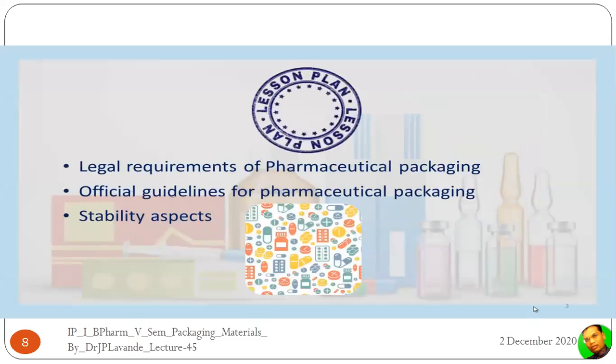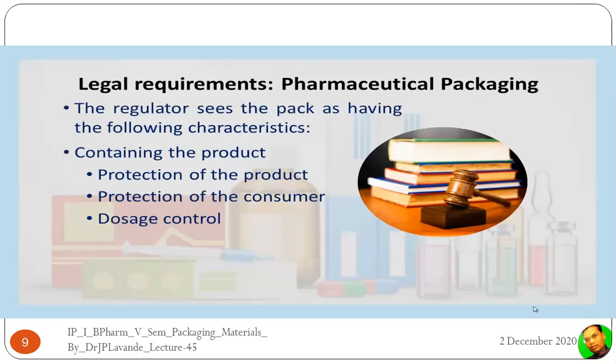In order to understand these, we will look at the legal requirements, some of the official guidelines that are uniform in accordance with the ICH for pharmaceutical packaging, and some of the stability aspects.